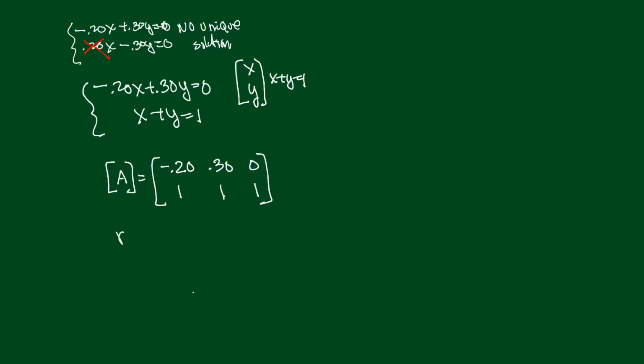Then we do an RREF on this matrix. When I did it, I got this matrix right here: 1, 0, 0, 1. We know we're going to get that, so I'll just put the line in.